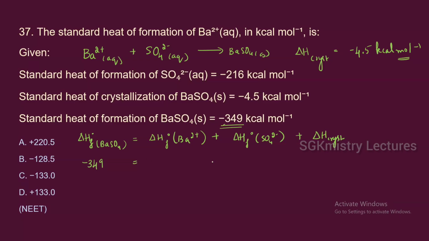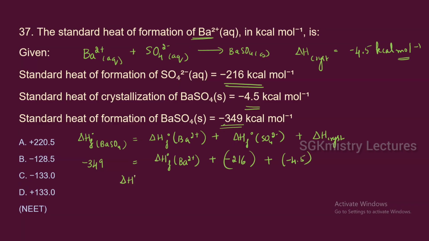Delta H of formation of barium is what you need to find out, the standard heat of formation of barium ion. So let us keep it as such, delta H naught of formation of Ba2+ ion. Now for sulfate, how much is it given? Yes, heat of formation is given minus 260, plus for crystallization, it is given as minus 4.5.